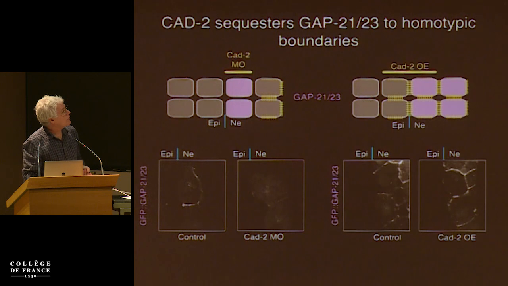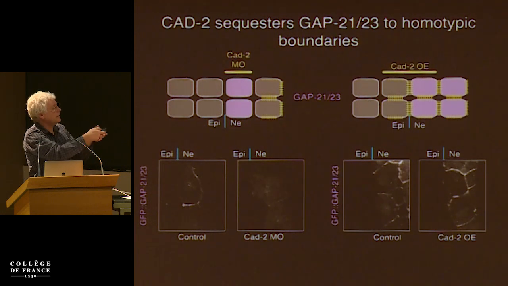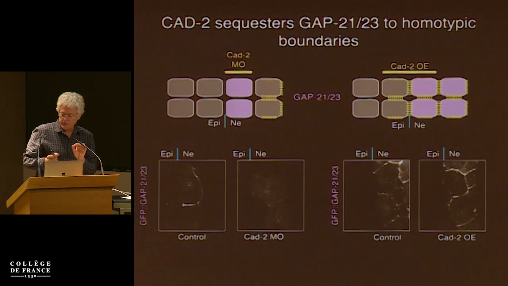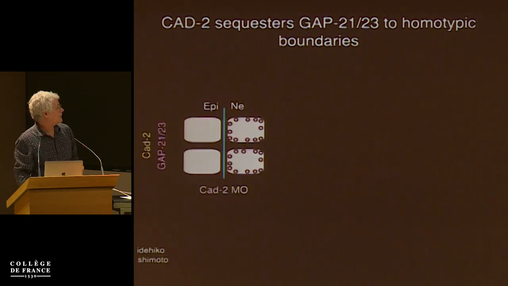If he instead forces high levels of expression across the boundary so that now cadherin is enriched everywhere in the same cells, now he sees uniformly high levels of enrichment of the GAP everywhere. So cadherin-2 is locally controlling the enrichment of the GAP.